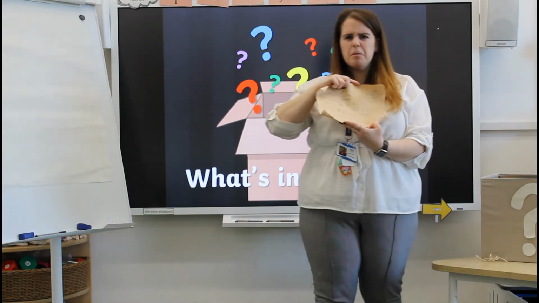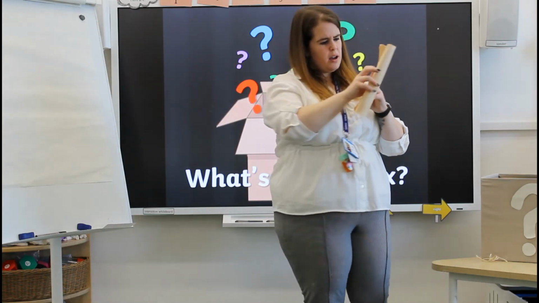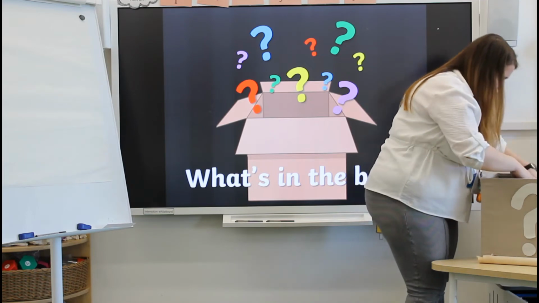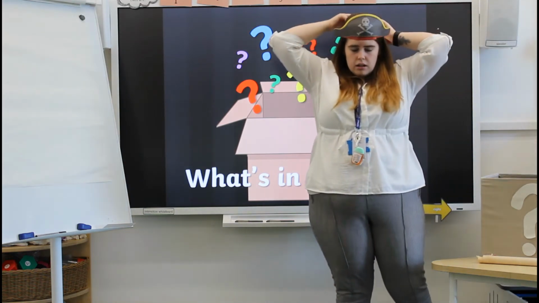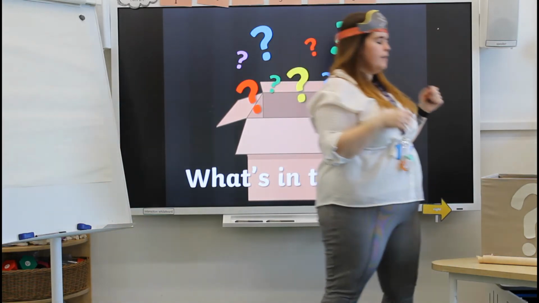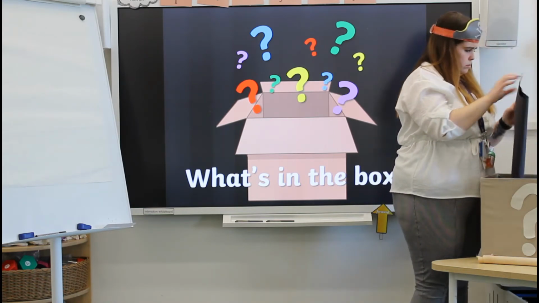It's a map. And it's got a cross on there with a long pattern. Let's leave that there. What else have we got? Now I know what this is. This is a hat. This is a very cool hat that I might just keep on at the moment. I like this one. Oh, there's two more things.